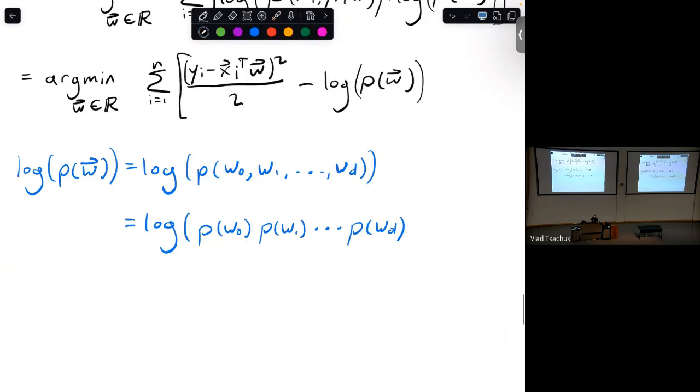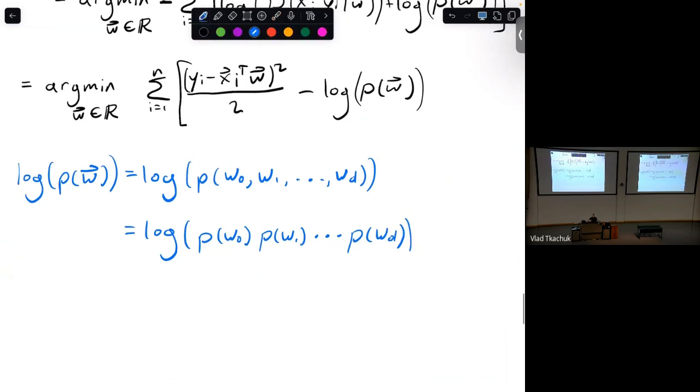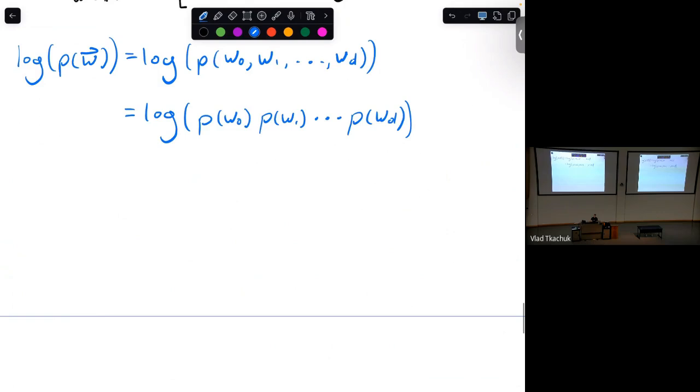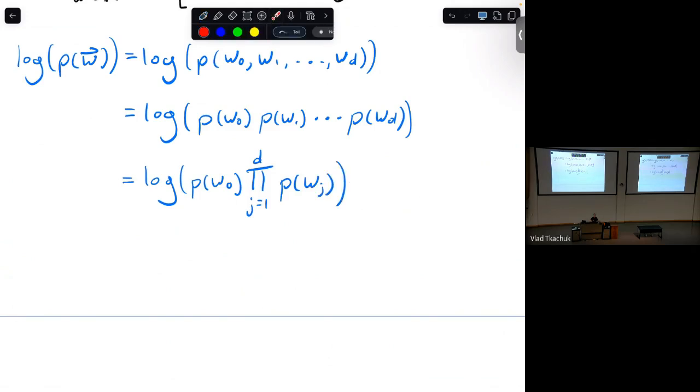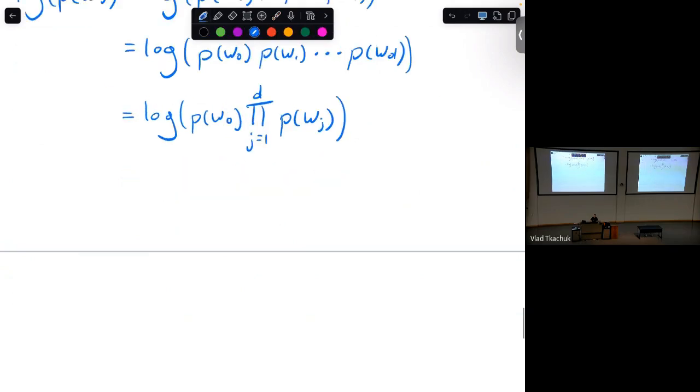Now we can plug in what all these P's are. In particular, this first distribution, this first PDF, is different, right? It's this one that's basically a uniform. So that's going to be log of P of W naught. But then all the others are the same, and so we can write them as a product from j equals 1 to D of P of Wj. And then the log of two products is a sum of logs.